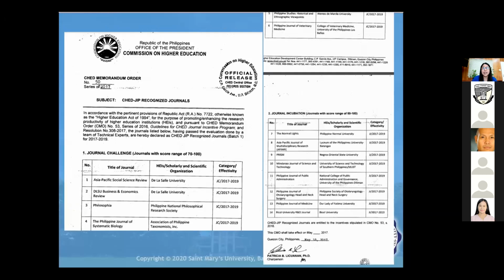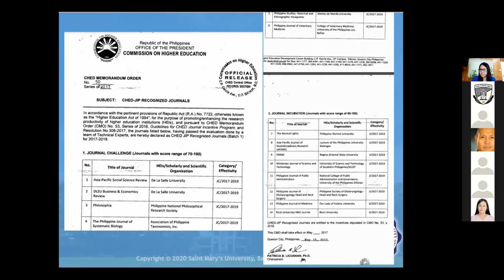That's another question. Now, because we are in an institution under the Commission on Higher Education, we can actually use this as a standard because it is based on CHED memorandum orders. The CHED actually has a list of recognized journals. This is the latest one, 2017, because even they also need to stop coming up with recognized journals.